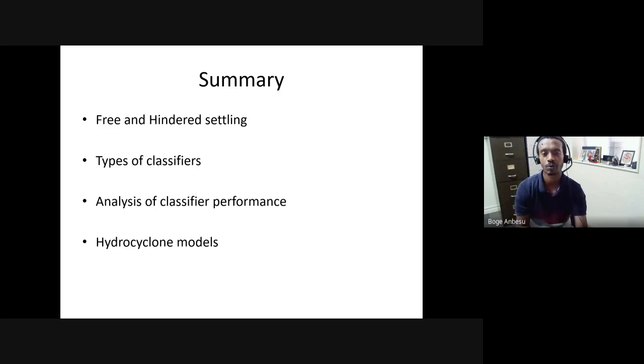So it's just a terminology. I know it's a bit confusing, but just use the right terminologies, and they should mean the same thing regardless. Typically for screen, we say oversize, undersize. For classification, we say overflow, underflow, but you need to use the right terminologies in the correct manner.